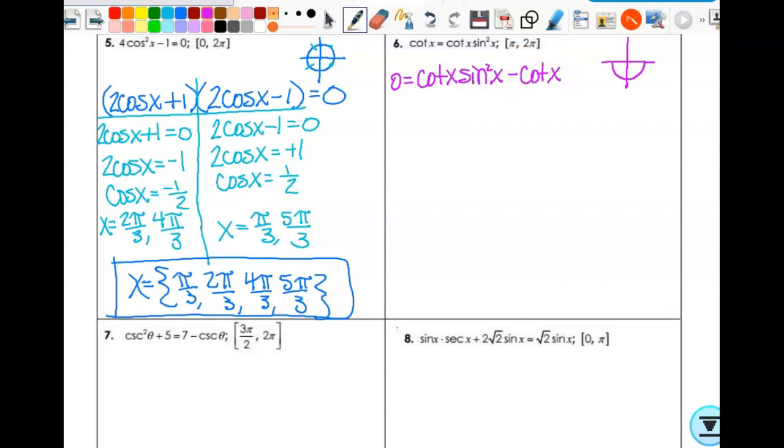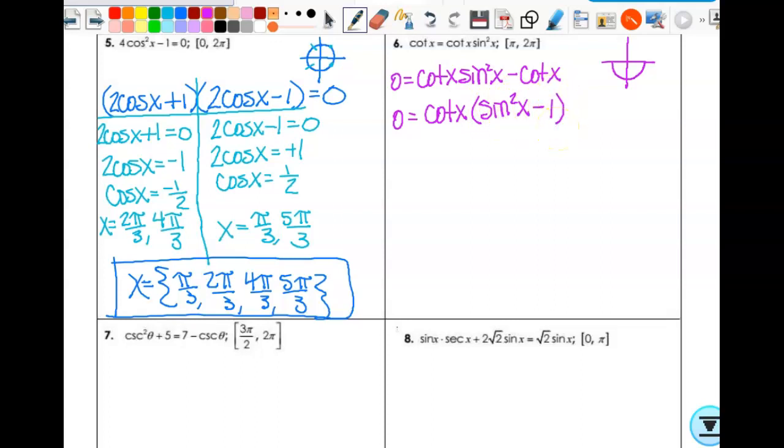Do you see a GCF that I could factor out? Cotangent of x. So 0 equals cotangent x times sine squared x minus 1.